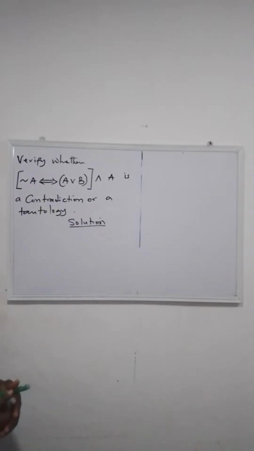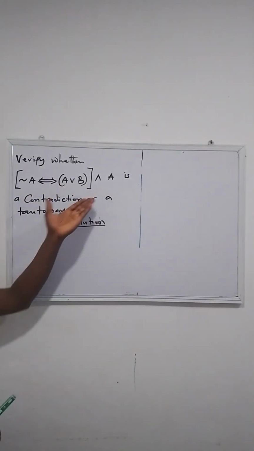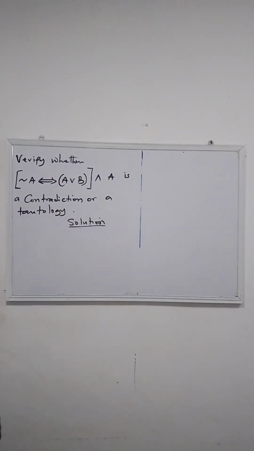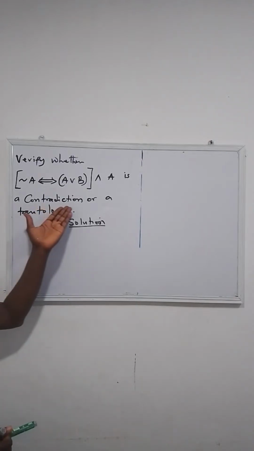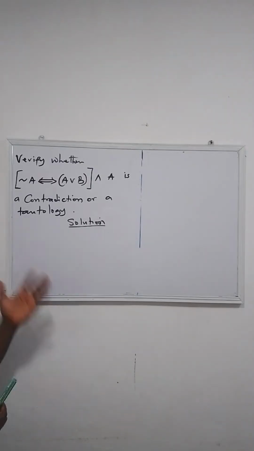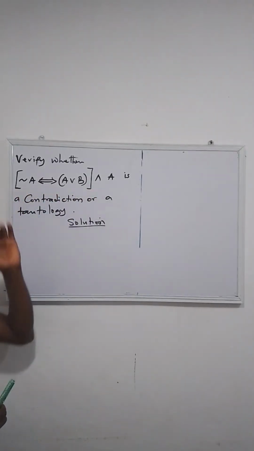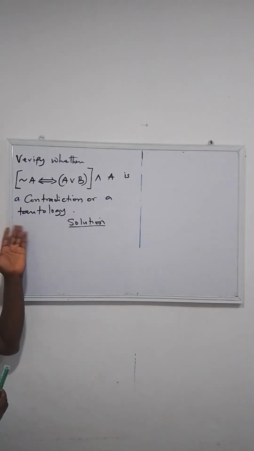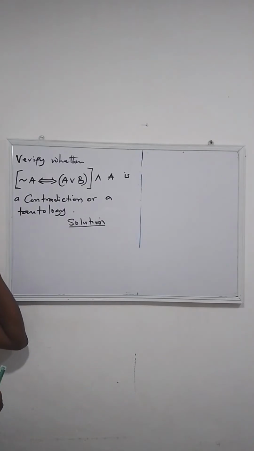All right, so how do we solve this problem? You have to verify whether this proposition is a contradiction or a tautology. All right, so we know the condition for us to have a contradiction is when the truth value of this proposition is false, irrespective of the antecedent or the consequence.